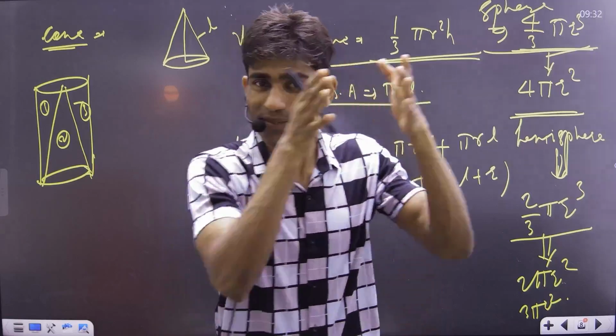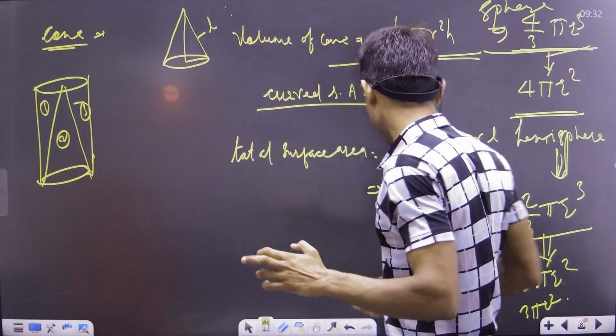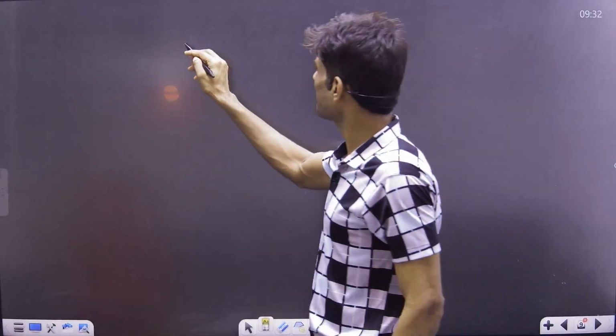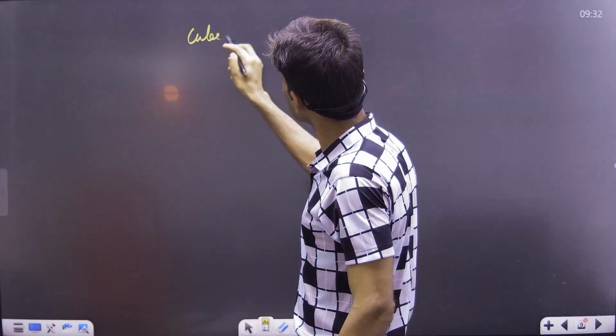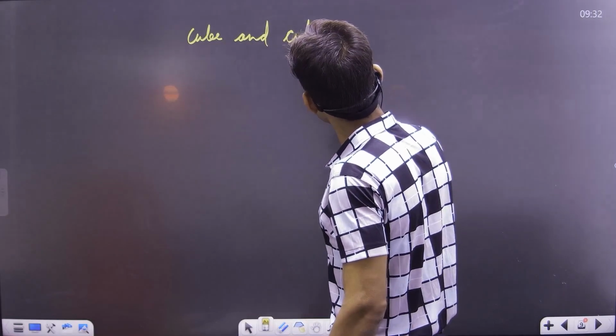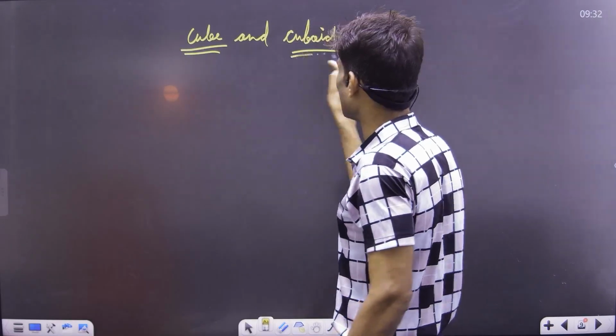What is the difference between cube and cuboid? Let me write cube and cuboid here.